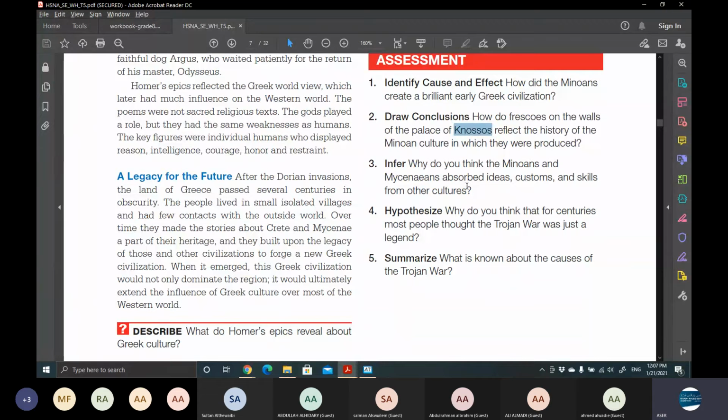Hypothesis. Why do you think that for centuries most people thought the Trojan War was just a legend? That's a nice one too. Maybe because some people thought it's unrealistic because of its story. Nice. What else?